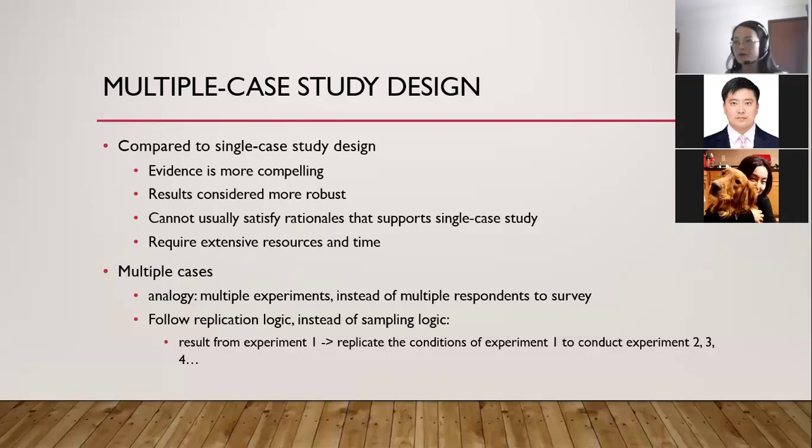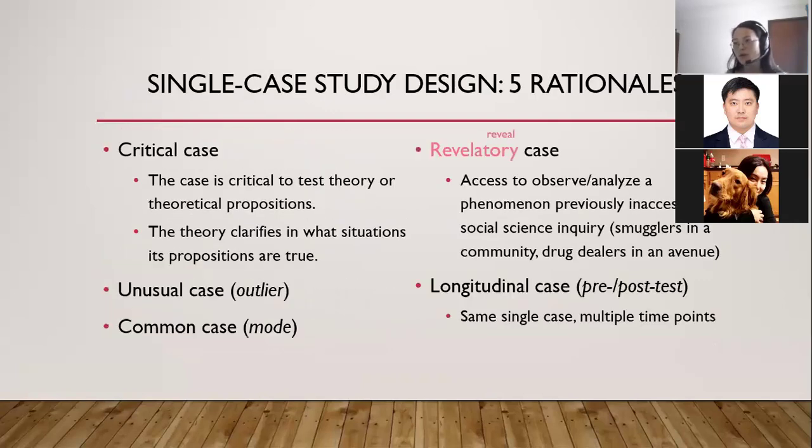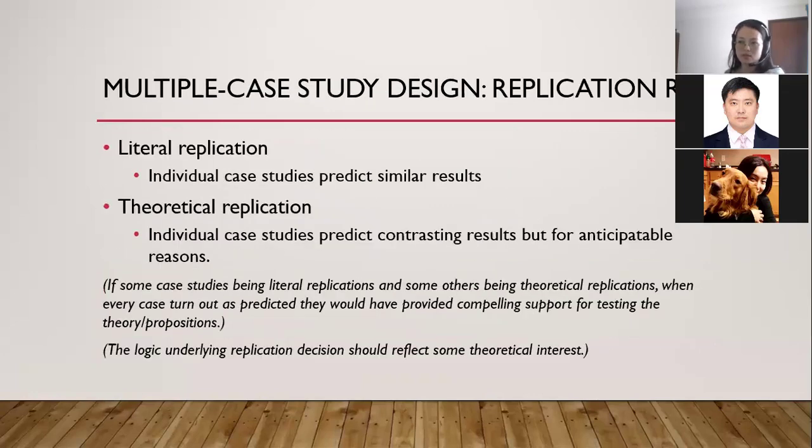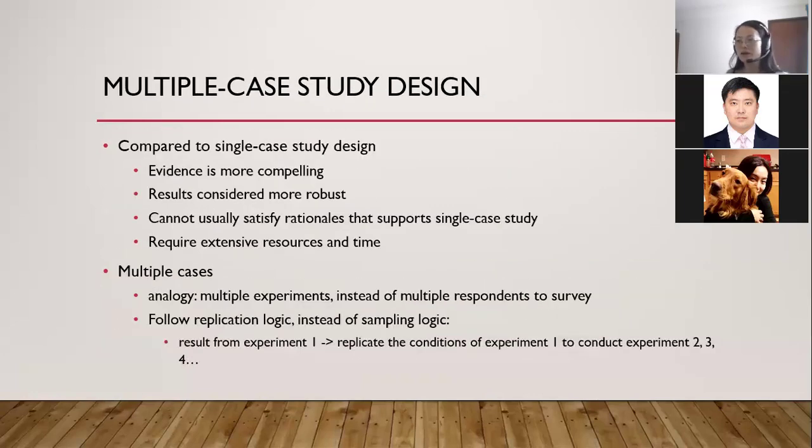But in some cases, multiple case study cannot satisfy the rationales that support a single case study. When I say that, I mean there are 5 rationales. For instance, if you just have one unusual case, you cannot use multiple case study because that's just one case that is very unique, right? So you cannot satisfy that rationale to retrieve an unusual case.